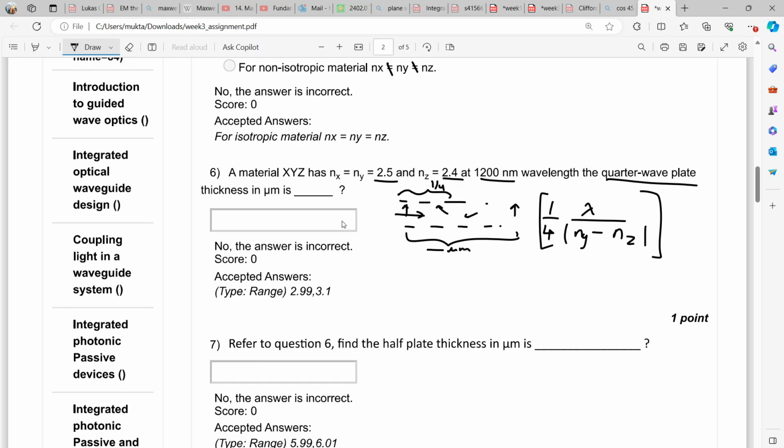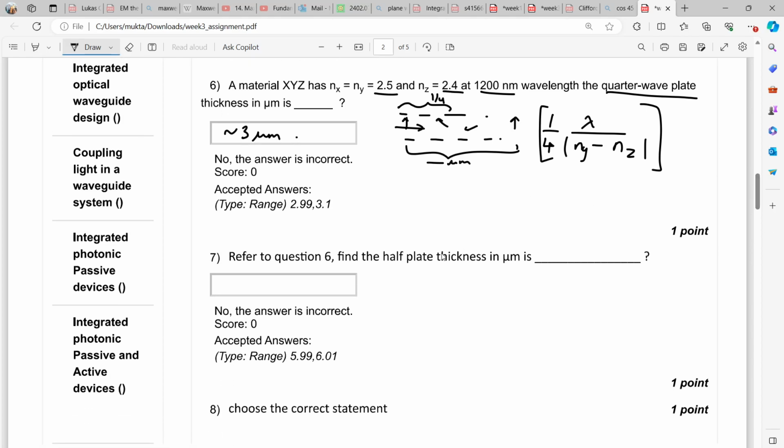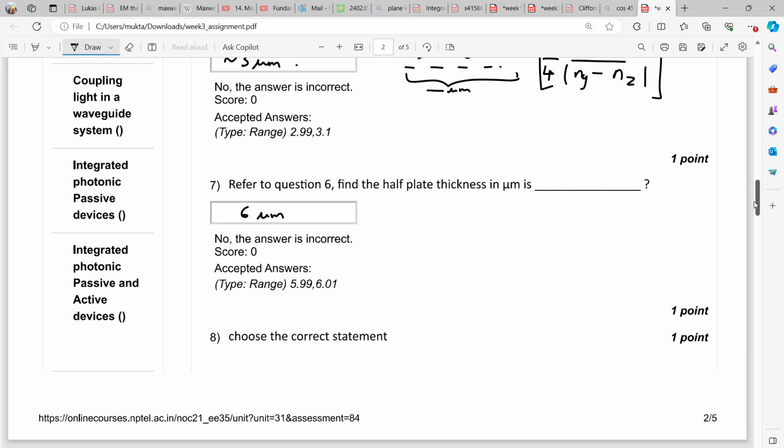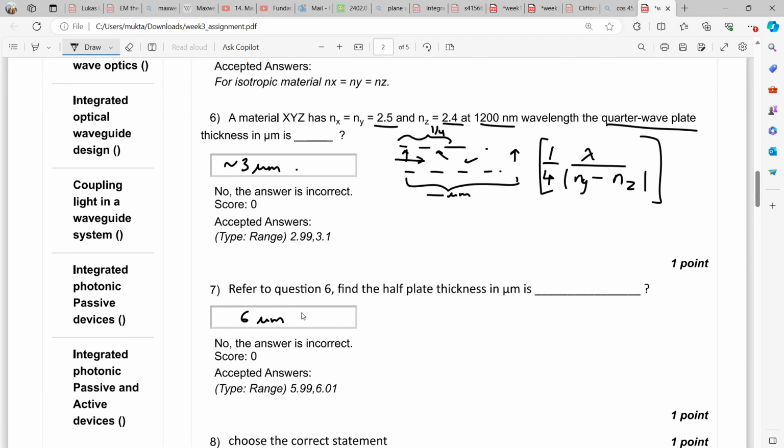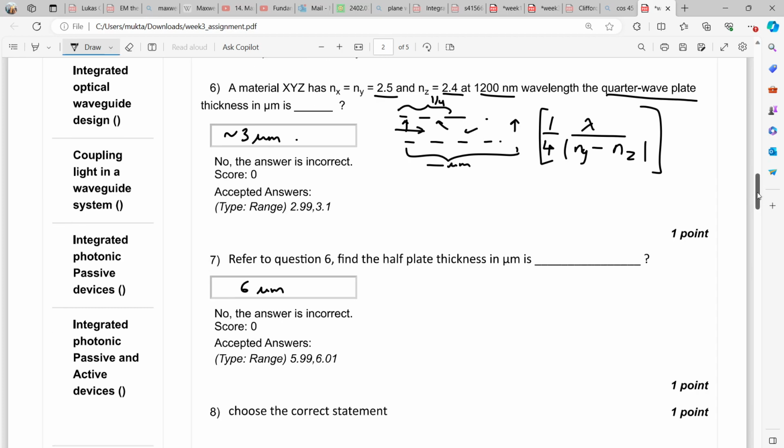By substituting in this, we'll get a number somewhere around 3 micrometers. For a half wave plate it is just twice of this, so 6 micrometers. So what will happen after 12 micrometers? It will come back to the same polarization state of light.